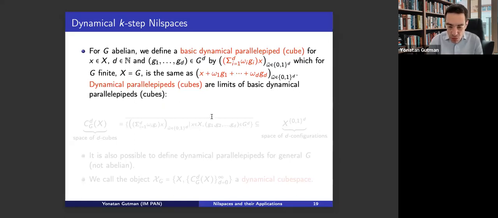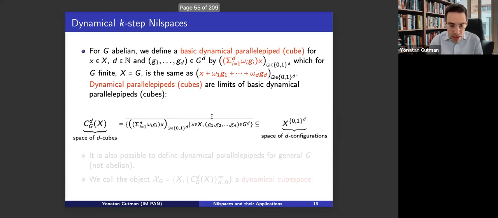But in order for this to work out, we need to take the closure. And then we get spaces of d-cubes for every d. As you can see, you take discrete d-dimensional cubes, and on each vertex you put some element in your phase space. So this lives in X to the power of the d-dimensional discrete cube.